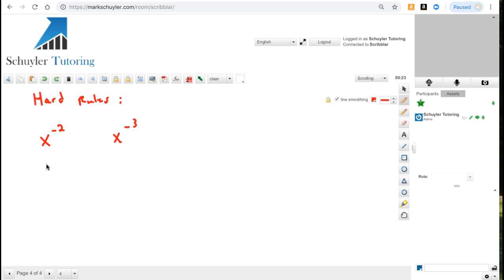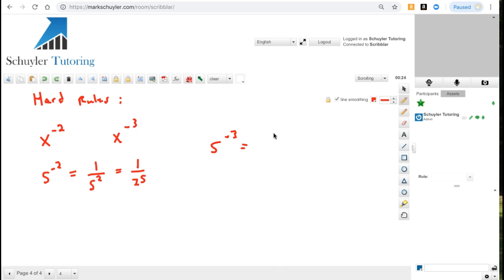Here's what you would actually do. Let's give you a real number for x. Let's say you had 5 to the negative 2nd power. What that really means is 1 over 5 to the 2nd power, which simplifies to 1 over 25. Let's try out 5 to the negative 3rd power.